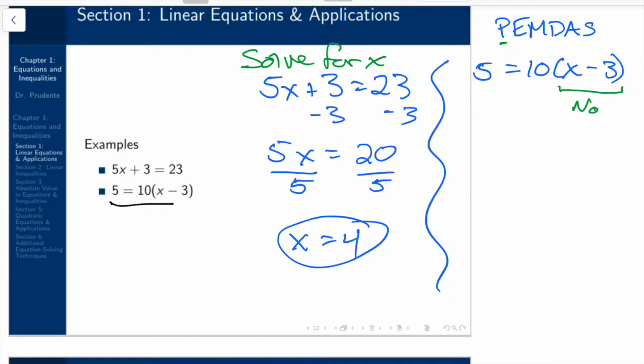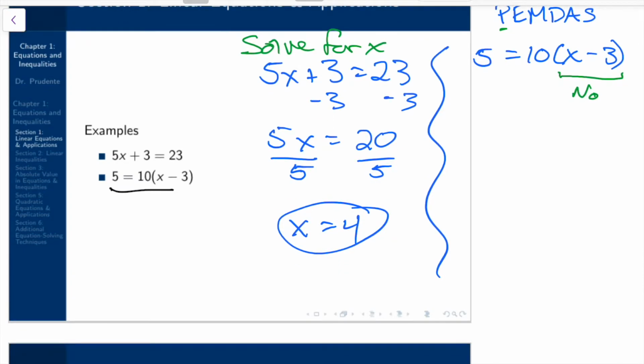And no, I really can't simplify that parentheses. I can't combine an x and a 3 like that. So then I look and I say, well, what's the next thing I can do, right? It's that multiplication, right? I can take that 10 and distribute it. So my next line should be 5 is equal to 10x minus 30.